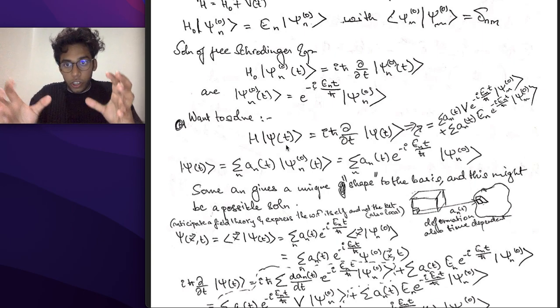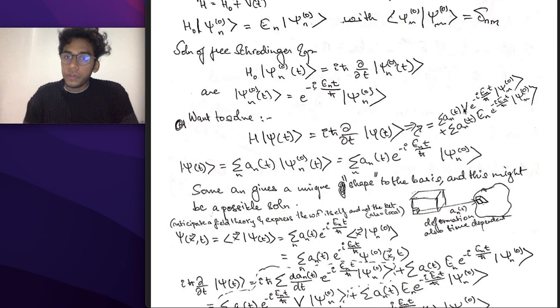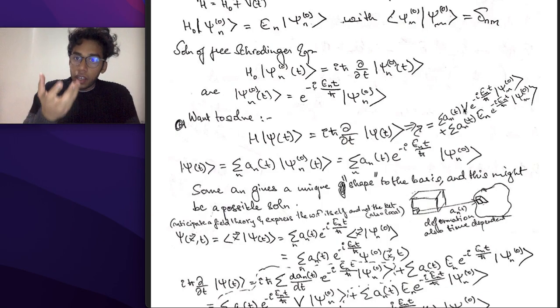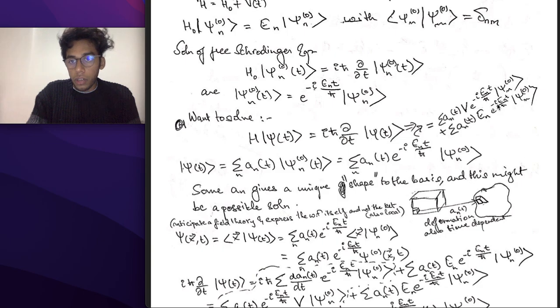But what you need to note here is the expansion of the free basis of H into its free basis and the potential, given by a summation of a_n V e to the power of minus i E_n t by h bar acting on the free basis, this is the potential acting on the free basis, plus a deformed free basis with the free energy eigenvalues. And this deformation happens over this phase e to the power of minus i E_n t by h bar.